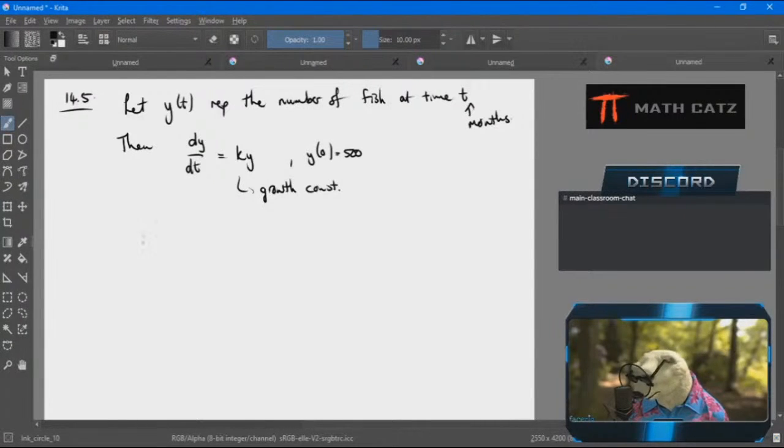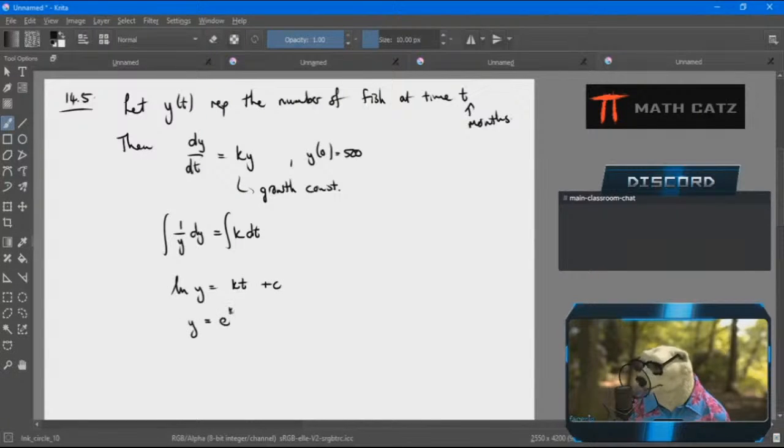Then, just to practice and prepare, I show how this differential equation leads to my exponential growth function. Then 1 over y dy is equal to k dt when I separate the variables. I integrate both sides. I get natural log of y equals kt plus a constant, the integration constant.